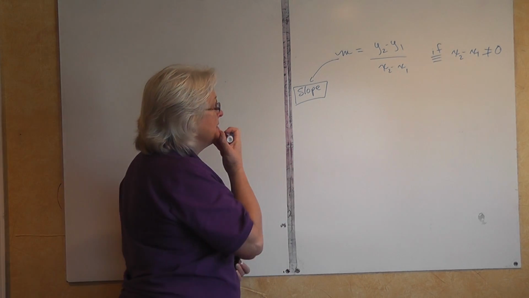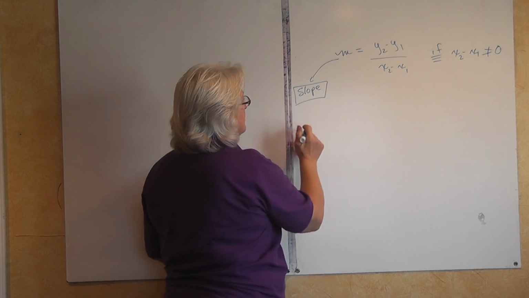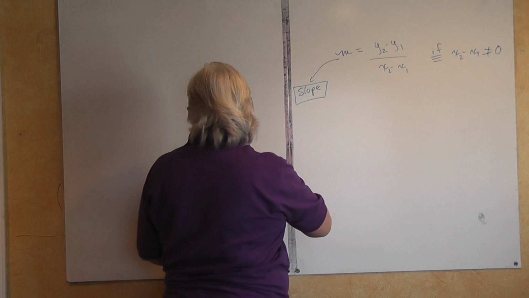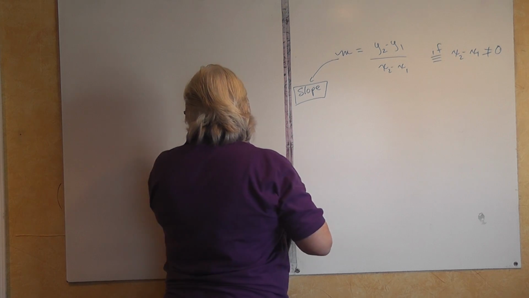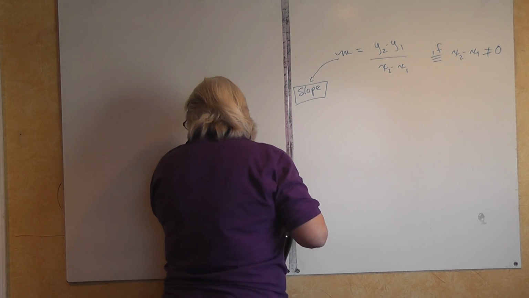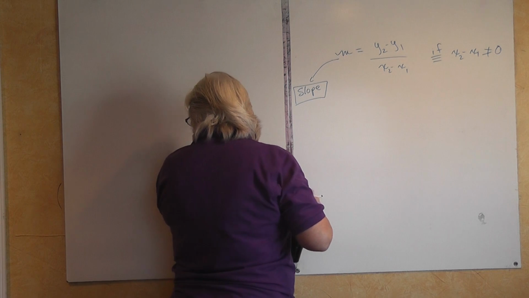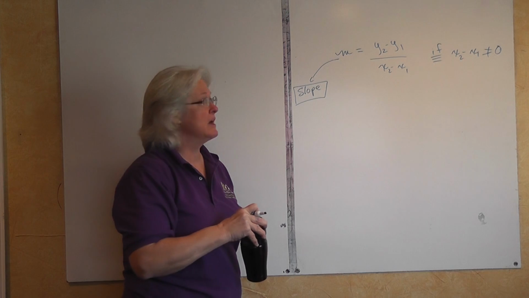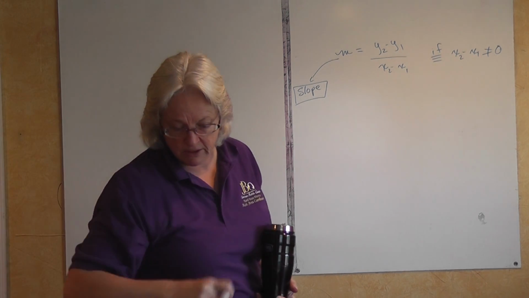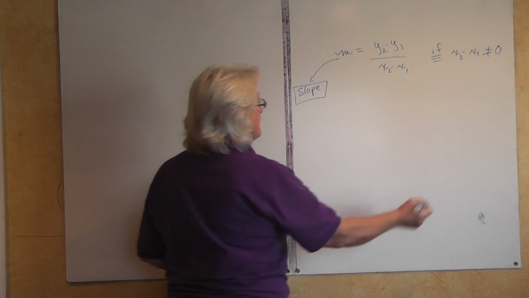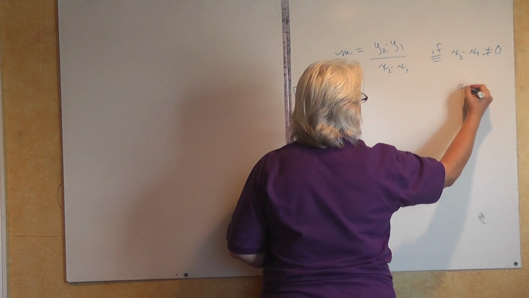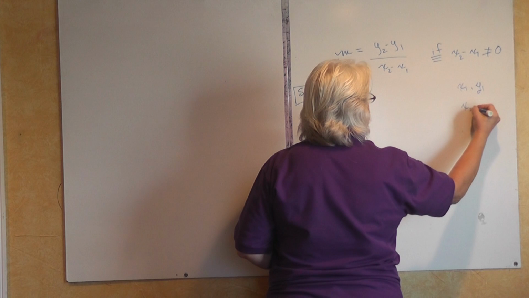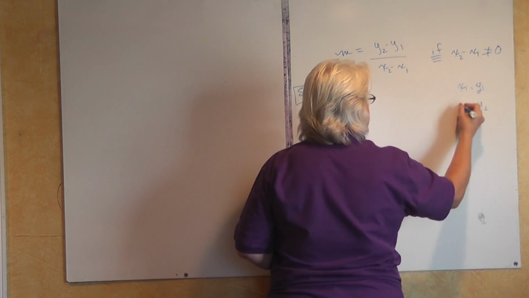And this is the slope of a line passing through 2 points. Slope of a line passing through 2 points, and how are we going to identify these points? x sub 1, y sub 1, x sub 2, y sub 2.